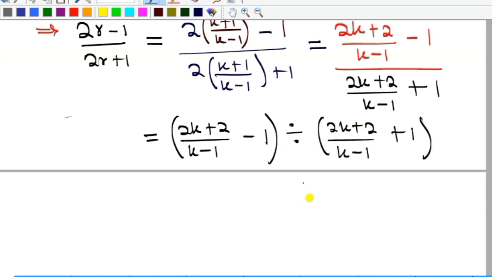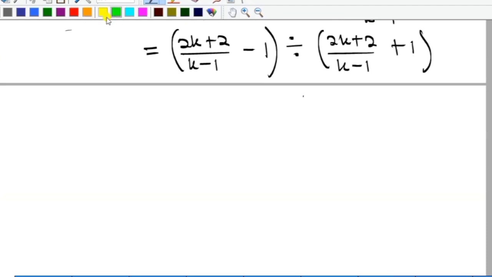To simplify the two brackets, take the LCM. Remember, this is over 1. So if I take the LCM here, my LCM will be k minus 1. And of course, this dividing k minus 1 will still give me 1, and so 1 multiplying 2k plus 2 will remain 2k plus 2.